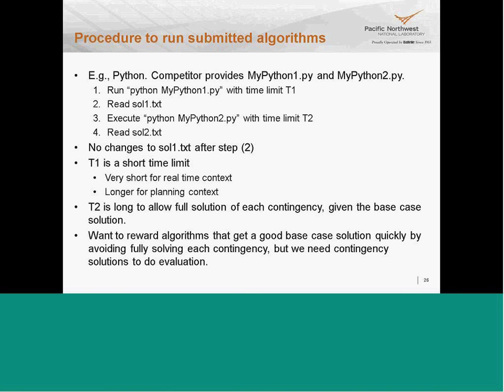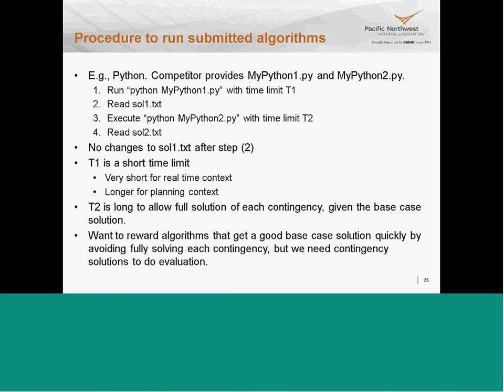So in detail then, our procedure is, if you're doing this in Python, we're going to run a myPython1, so you'll provide us this Python script. We'll run that with the time limit T1, either 10 minutes or 45 minutes. Then we'll read your solution 1. Then we'll run your myPython2 with this much longer time limit, and we'll read your solution 2.